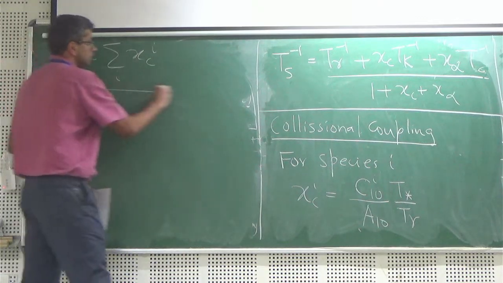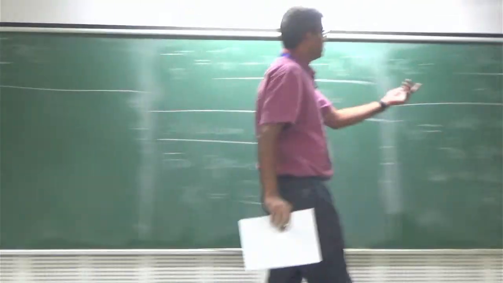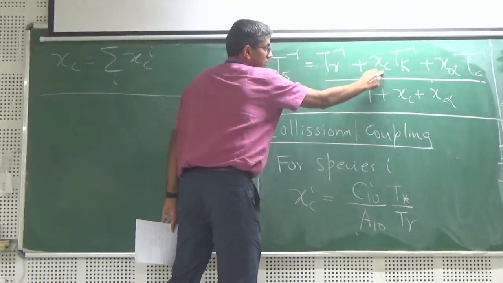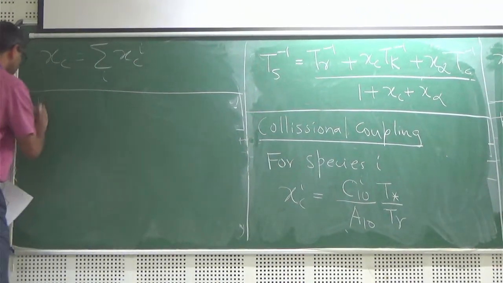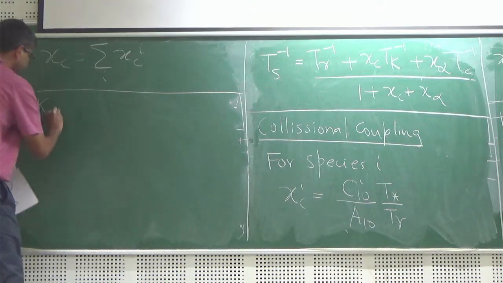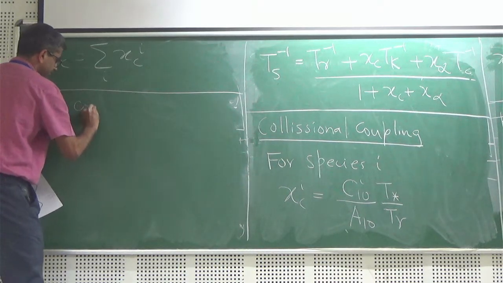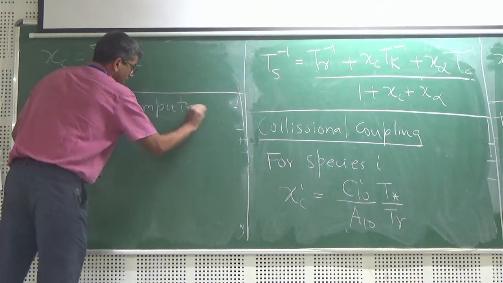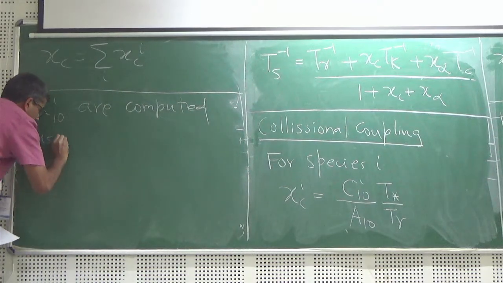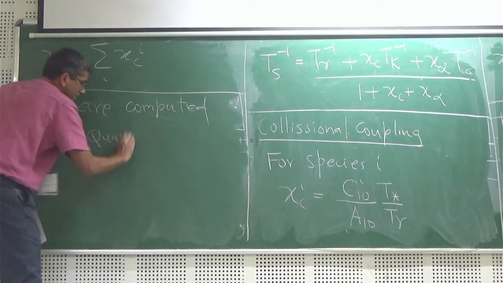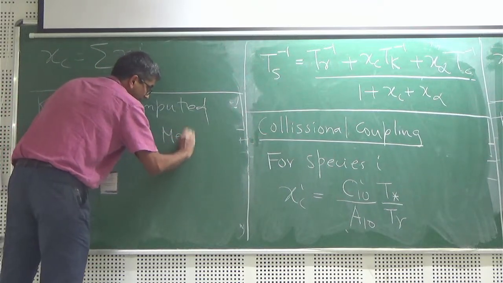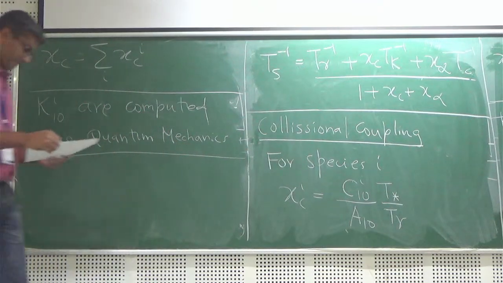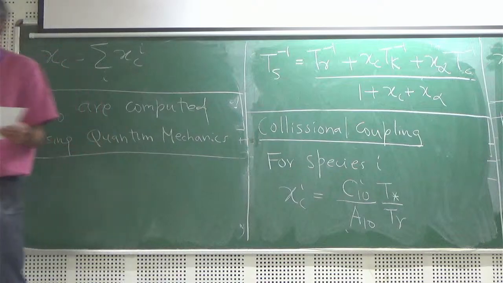So these kappas, as soon as I have kappas, I can compute xci. I can plug that in, and I have xc. That's one term done, right? And these kappas are available.